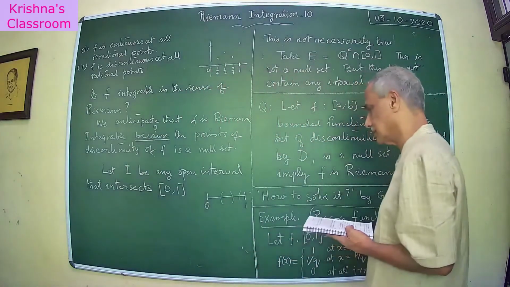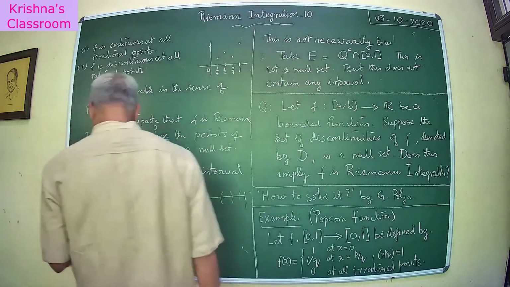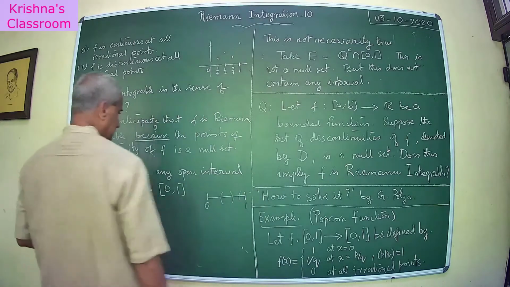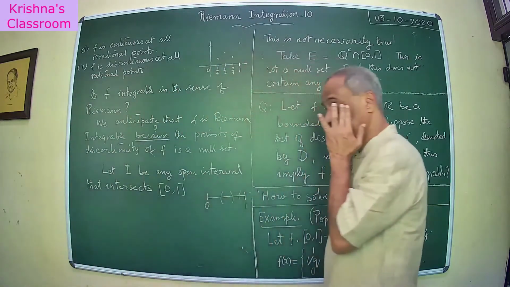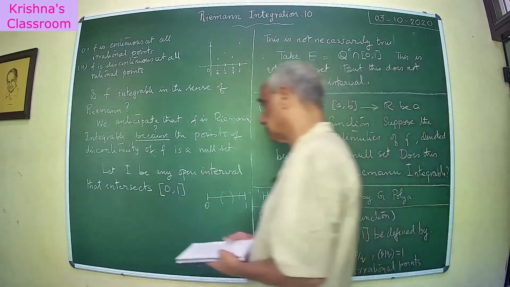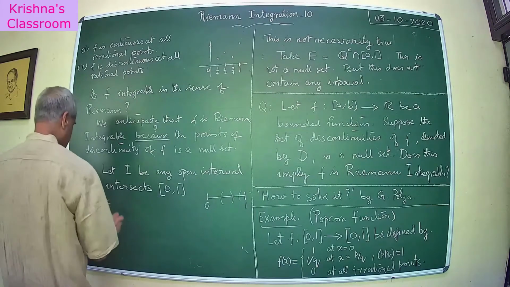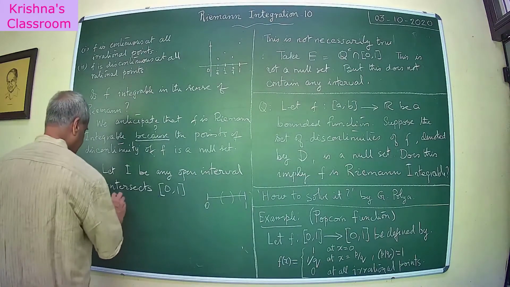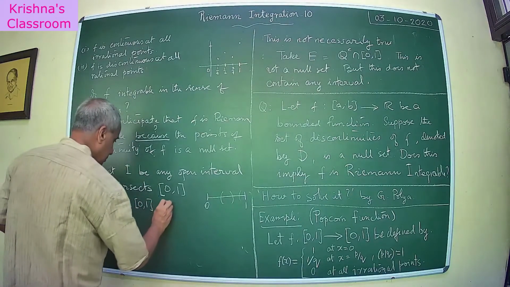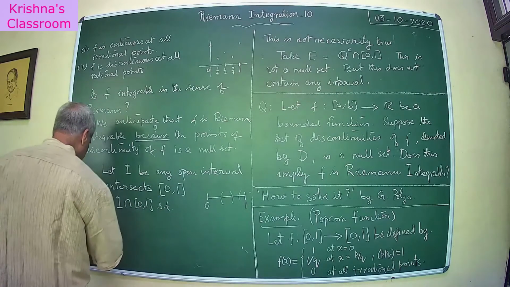It intersects, that's a common point. Then what we can observe is that it contains an irrational point, and therefore there exists x belonging to I intersection 0, 1 such that f of x is equal to 0.